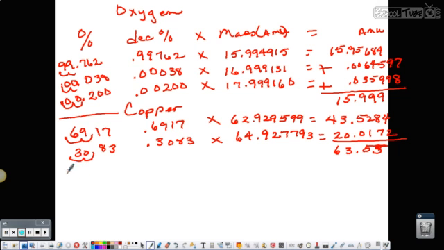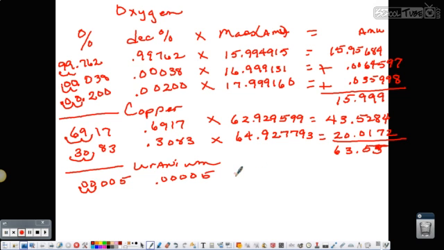Alright, the last one was uranium. On uranium, the first percentage is the teeny bitsy one. It's 0.005. That's a little bitty percent, but it still counts in your average. So we have to divide by 100. Move your decimal to the left 2 places. We've got a little bitty number, 0.00005.